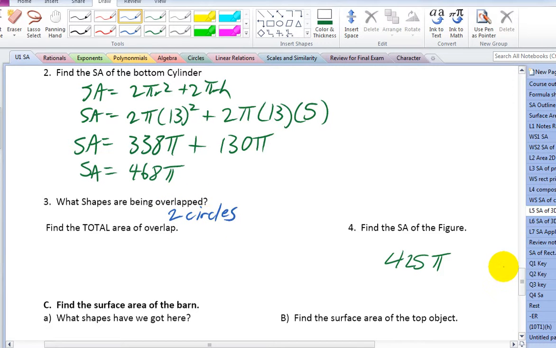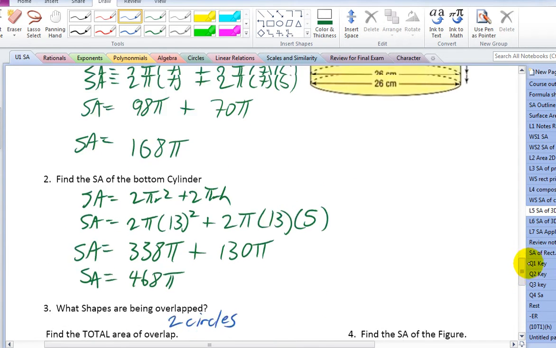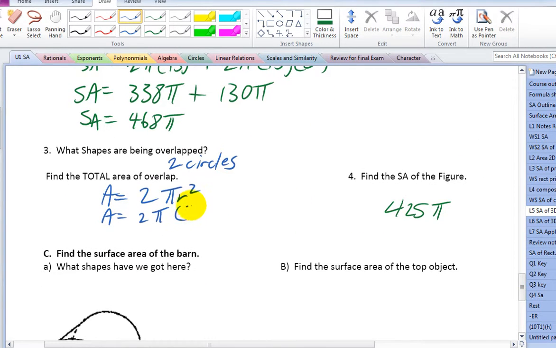And it's the small ones, so make sure you go area equals 2, we got to double it, 2 pi r squared, because there's 2 circles. And the radius of the small one is 7. So that's going to be 7 times 7 times 2. Remember what 7 squared means, 7 times 7, so 98 pi.